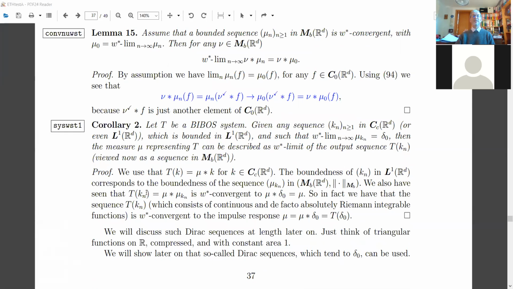So maybe look at the paragraph here. We look at TKn. We know now that every such operator is a convolution, and by identification of all these different concepts, you can say we take it as a convolution with mu Kn. The Kn are bounded in the L1 norm, therefore the mu Kn are bounded measures, and convolving with this is going to the limit, mu convolved with the limit of the Kn, which is the delta zero. But delta 0 is the shift operator.